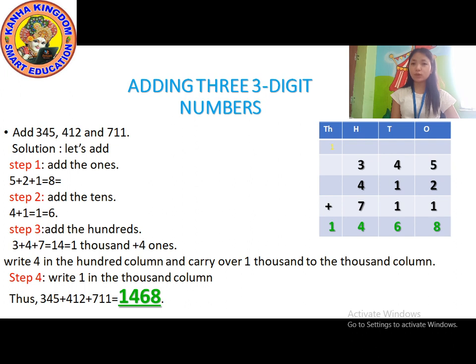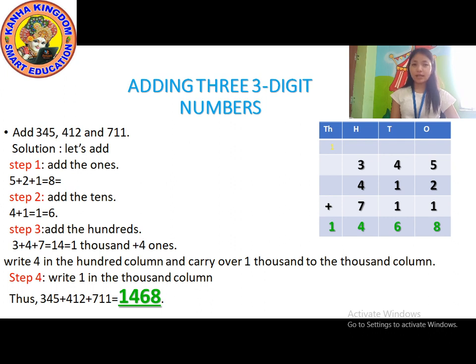While adding the tens, we got 6 as the sum of the 3 digits, so we write 6 in the tens column.